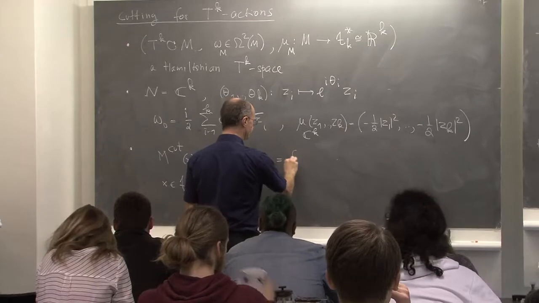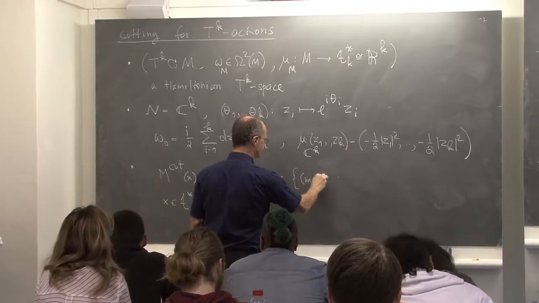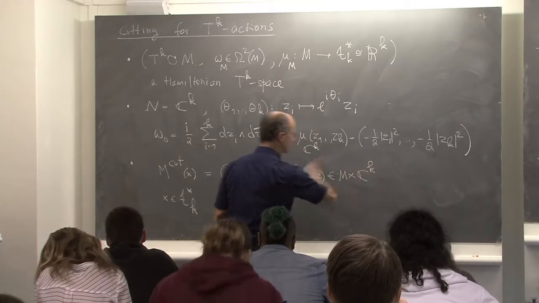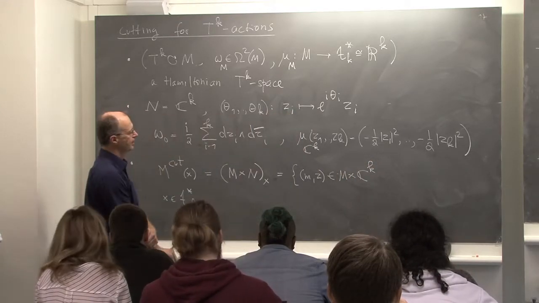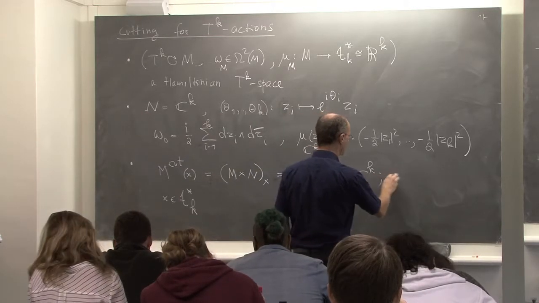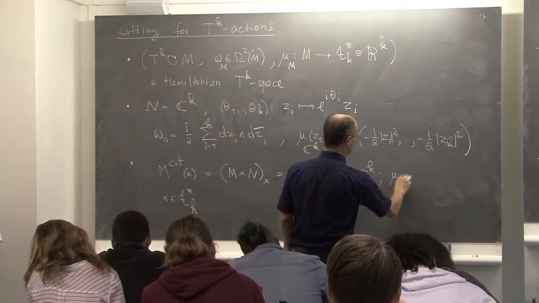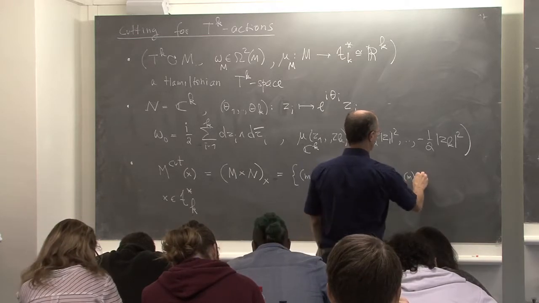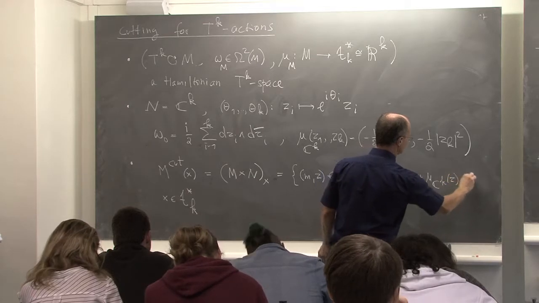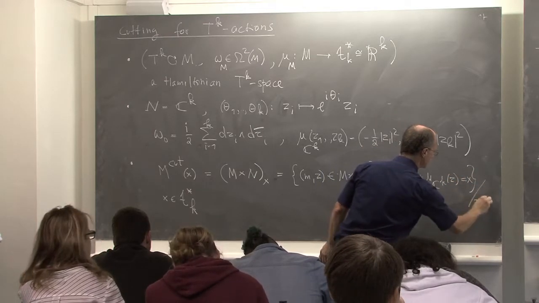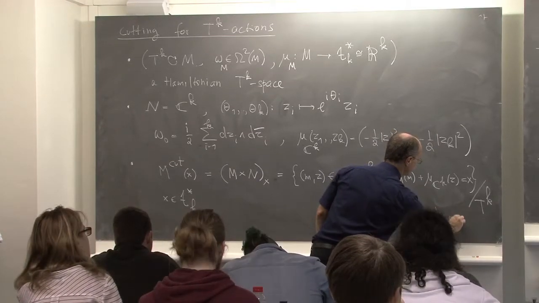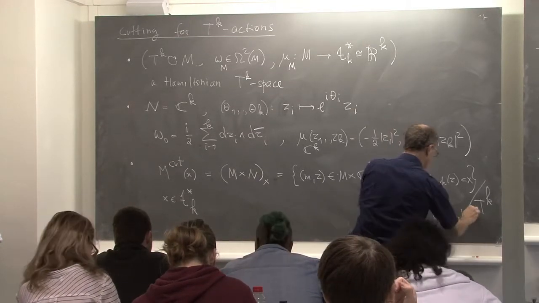So this is as before. Points in M cross CK, so mu M of M plus mu CK of Z equal to X, divided by the diagonal TK action.